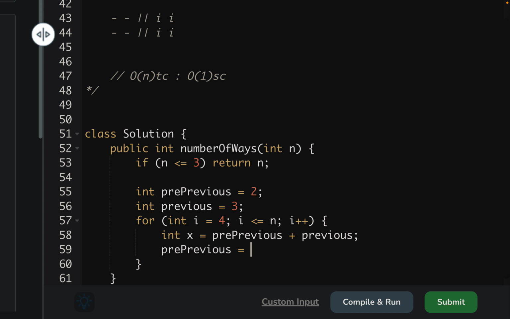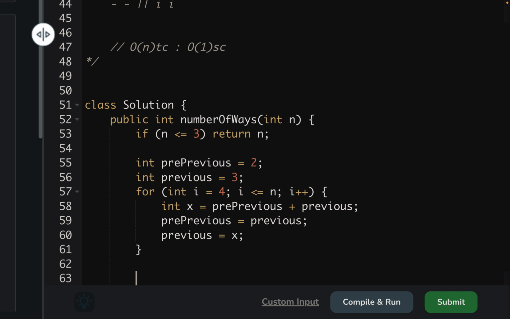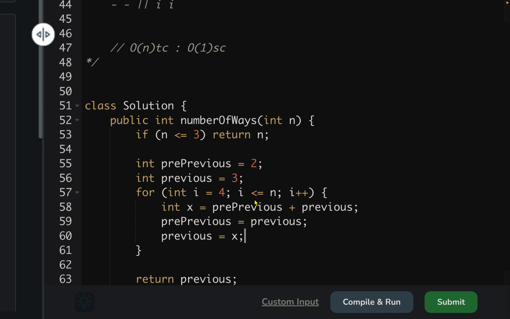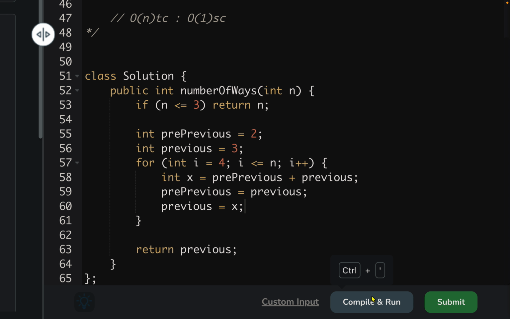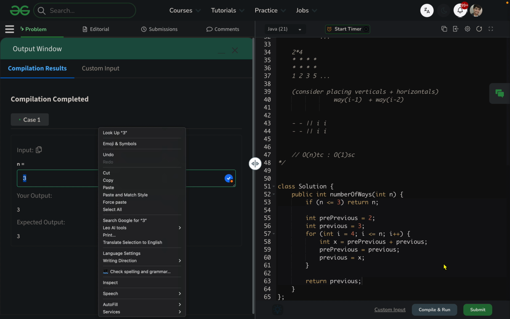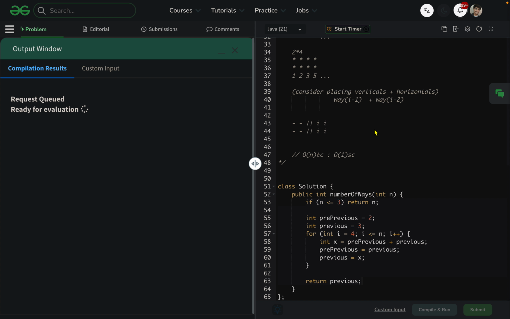So previous is equal to previous, and our previous equals this new number x, and ultimately we'll return the value of previous, which would be updated with this. So far so good, right? Let's compile this one to check for any compiler errors. It seems not, but still it's better to double check. Yeah, it seems not. And let's submit this for the rest of the test cases.